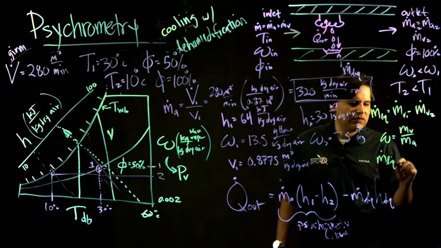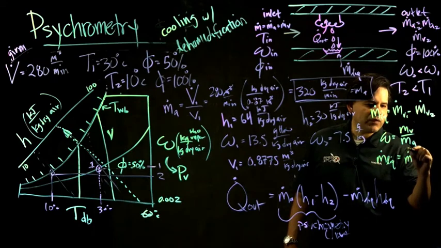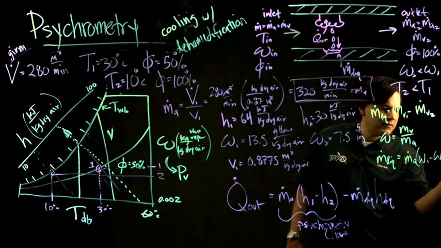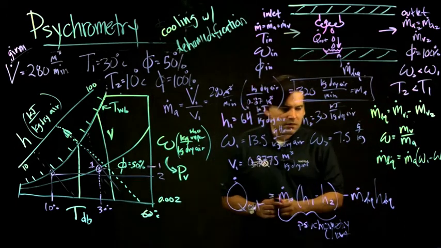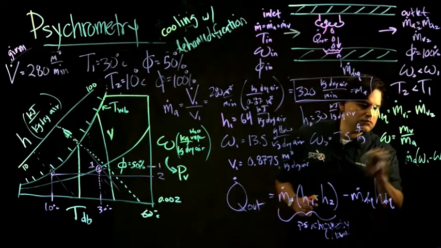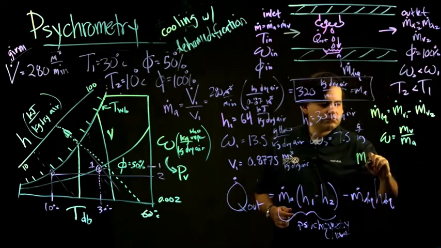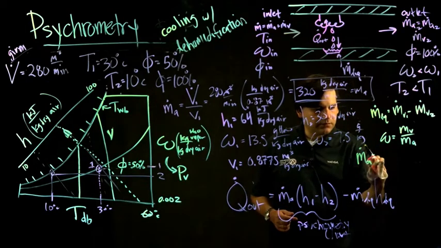The mass of the liquid is balanced by some change in the vapor, which you can express by the change in omega. This is liquid.